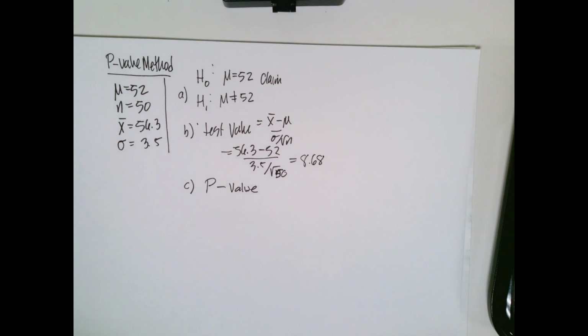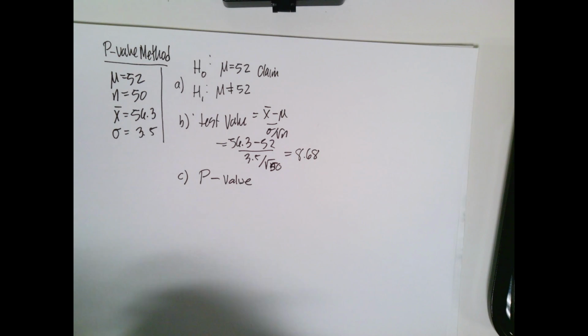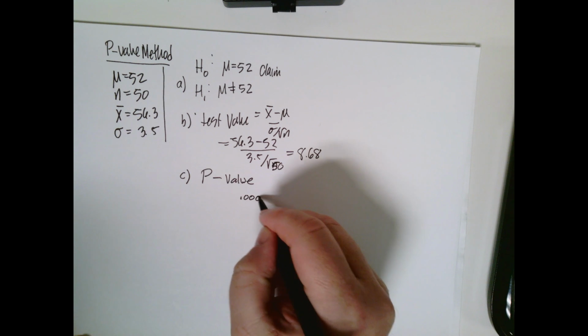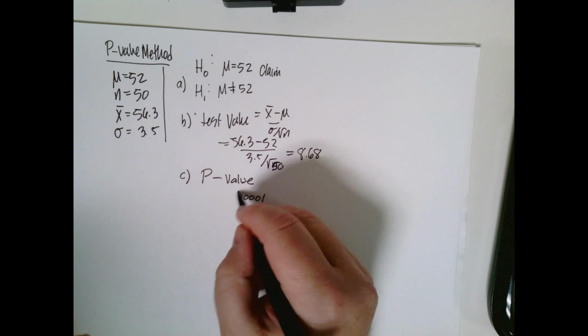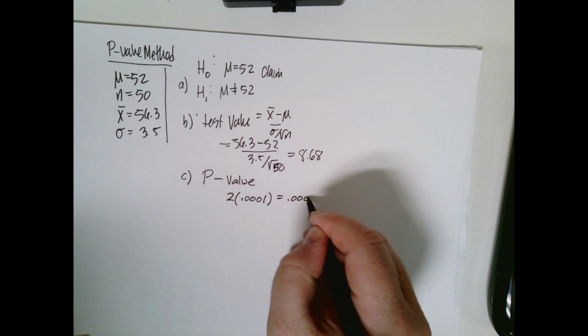Okay, so the p-value is to go to, just look it up on the table or use your calculator. But this time we're going to use table E, and since we're bigger than 3.4, we're going to write down 0.0001, and because it's a two-tailed test, we're going to multiply it by 2 and get 0.0002.